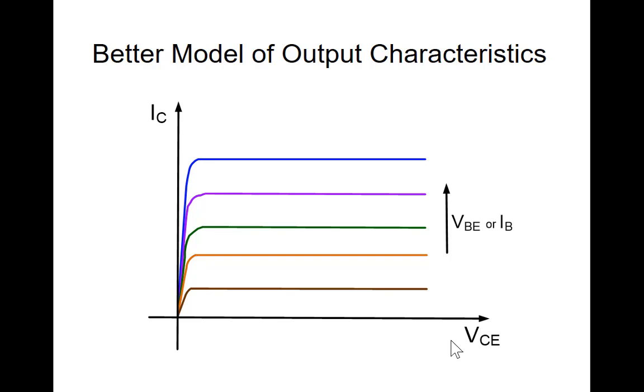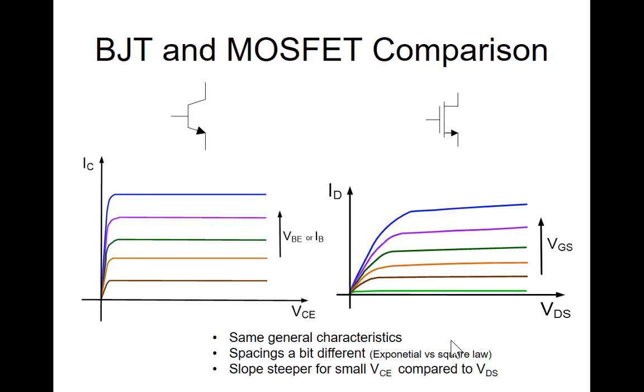Actually, if you look at a voltage axis comparable to what we might use for a MOS transistor, we see that there's really a very abrupt drop off on the characteristics when the reverse bias on the base collector junction gets smaller. It goes down much more quickly than it does in the MOS case. So here's a comparison of the MOS transistor and the bipolar transistor, maybe under comparable VDS or VCE values.